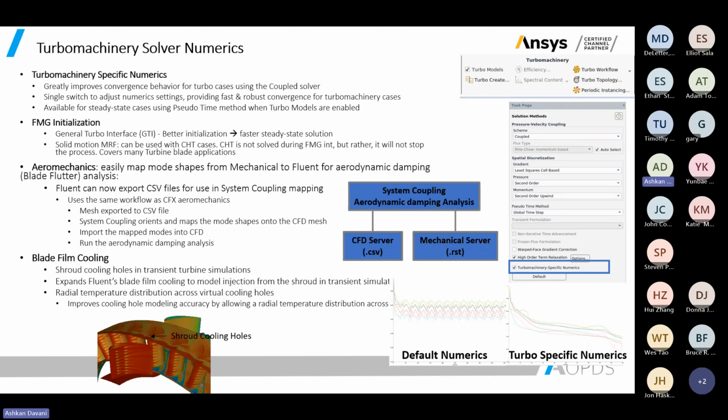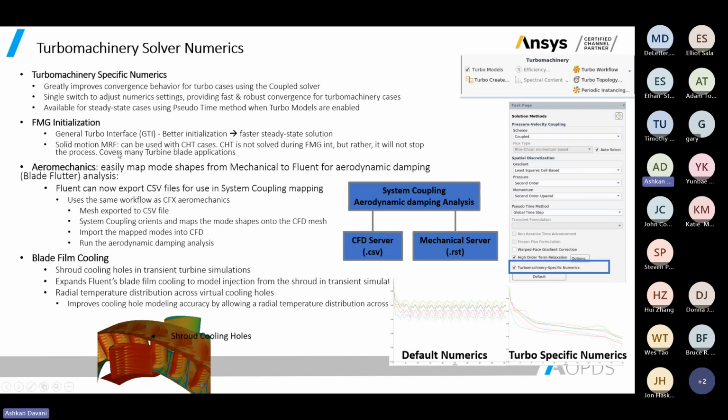There are new improvements in the full multigrid initialization, FMG, which means if you have a better initialization, you're going to have a faster steady state solution. As you may all know, in turbo machinery, initialization is key to having a good, robust computation.